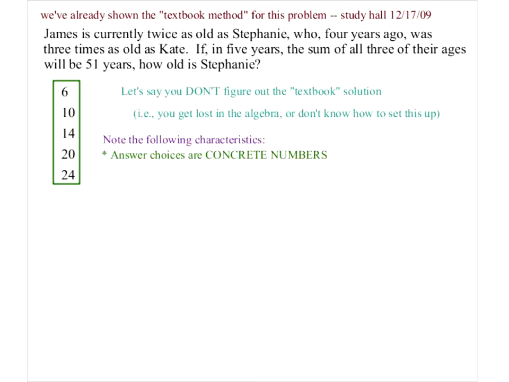And then also, there are relationships in the problem that you could use if you have such numbers. So here's one relationship right here, and then here's another such relationship. Both of those, if you had concrete numbers to work with, you could work through and calculate more concrete numbers.